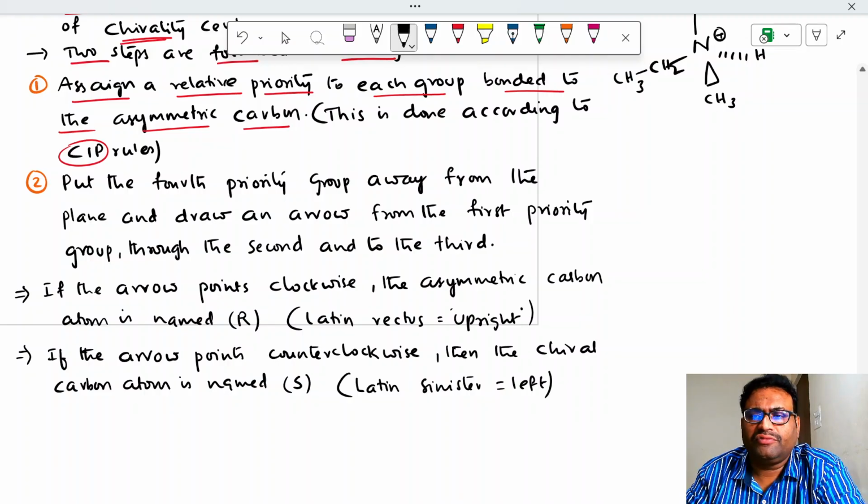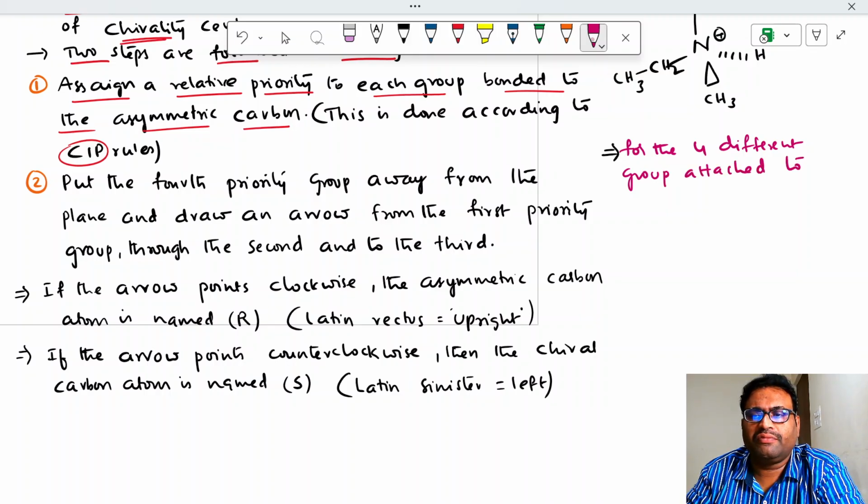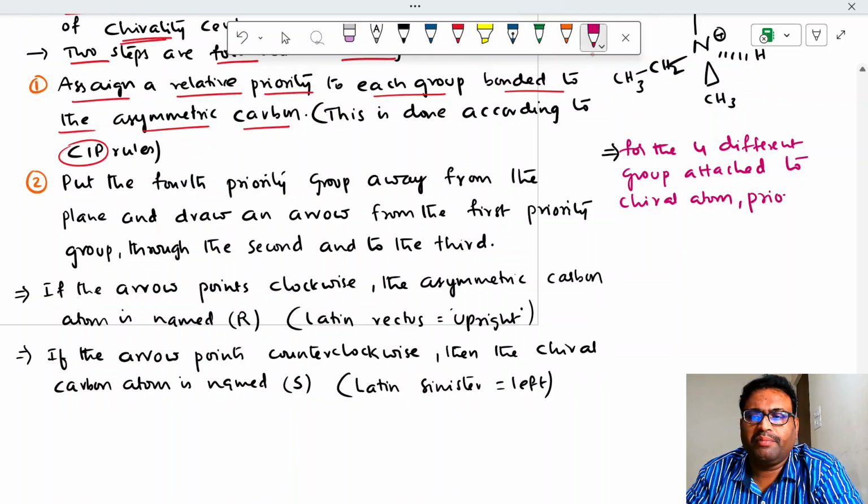Okay. So for the 4 different groups attached to the chiral atom, priorities are assigned. You know what priority means?